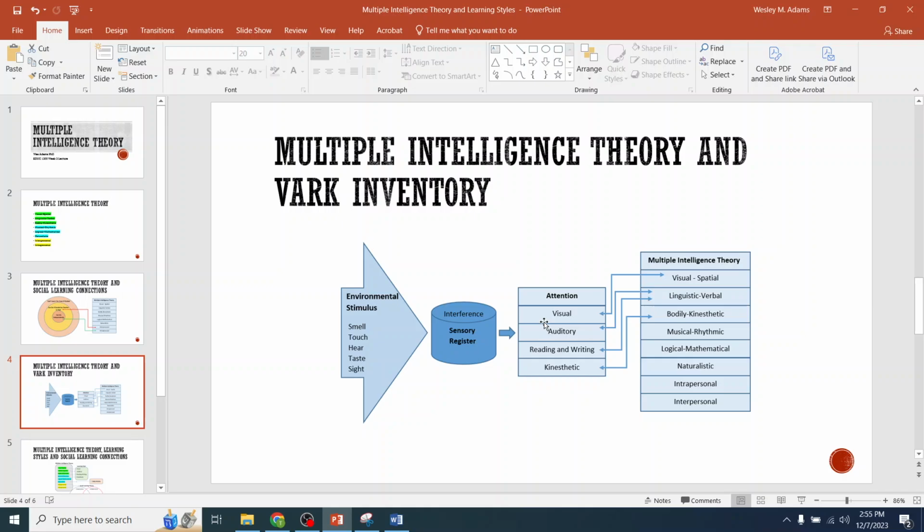Now, when new information presents itself to you, what do you focus on first? The visual, the auditory? Would you like to read about it or write it down? Or would you like to act it out? Maybe it's a skill, a kinesthetic component, hands-on learning. How do you want that information? Well, for most people, like I said earlier, they're multimodal.